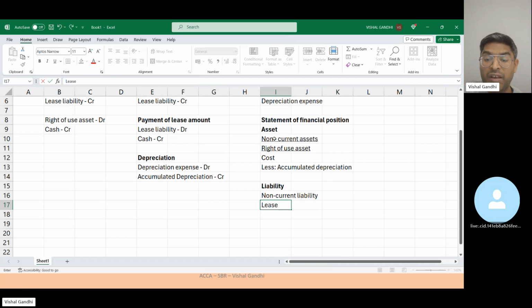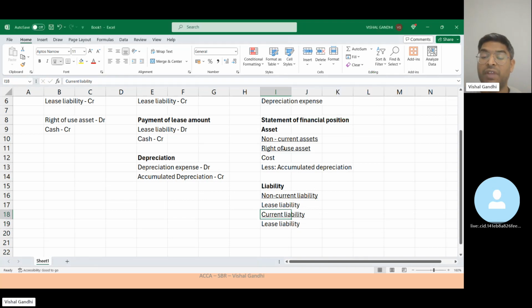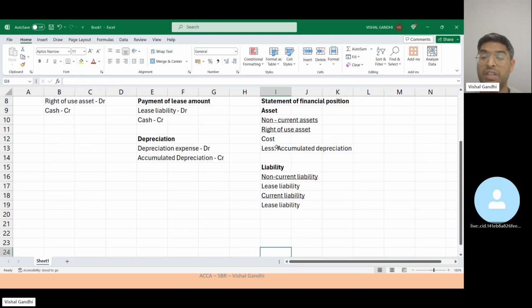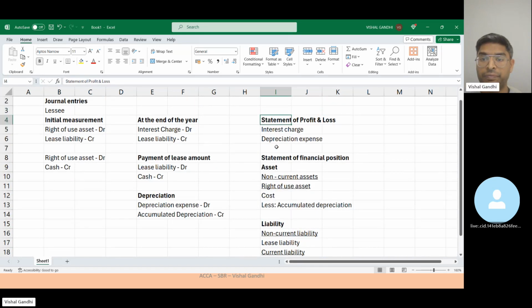So your lease liability will be bifurcated into non-current liability and current liability. When we do the question, we will see how to bifurcate it. All these things will go in the statement of financial position and statement of profit and loss.